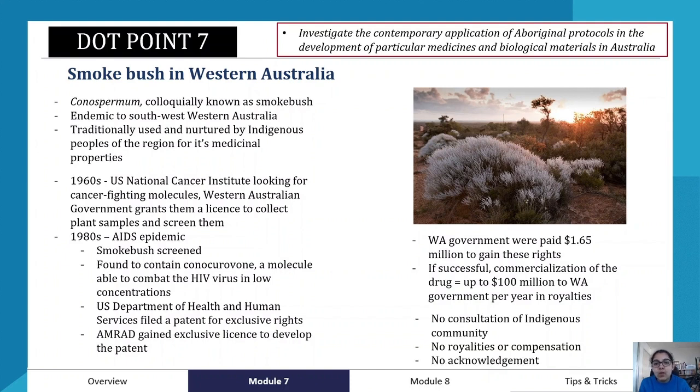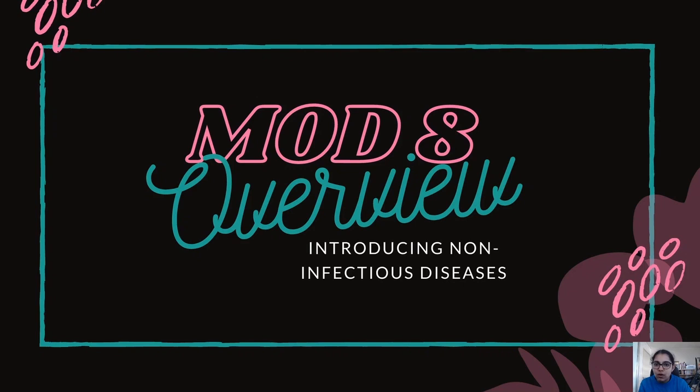Now, obviously, the whole concept came from Aboriginal knowledge and their knowledge system, and the indigenous peoples were not consulted, they did not get any royalties or compensation, and there was no acknowledgement given to them, despite using the plant for so long.